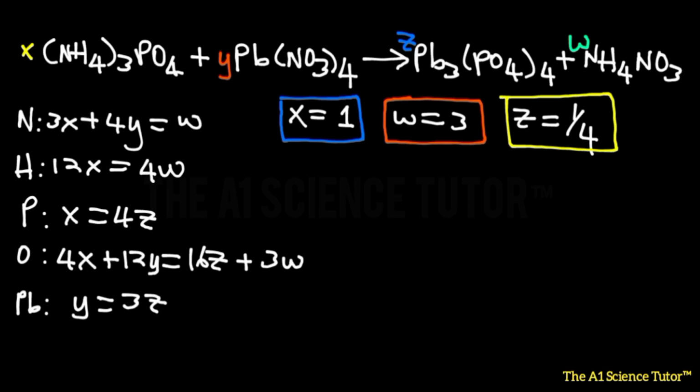Well, let us use the last equation. Let's use this one. Y is equal to 3z. So this will be 1/4. So y should be equal to 3/4. We're actually going to come back to this later on to find out whether or not there was an error. But there is no error here. I cannot see any error there.